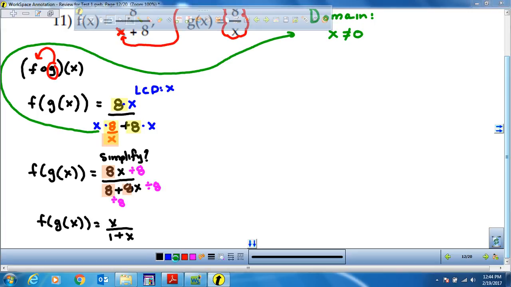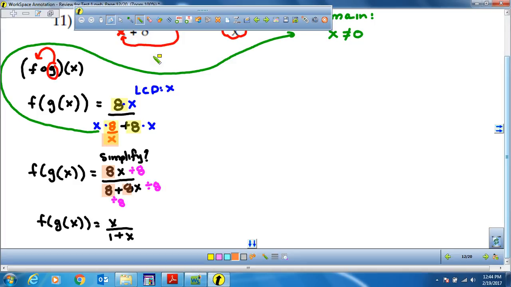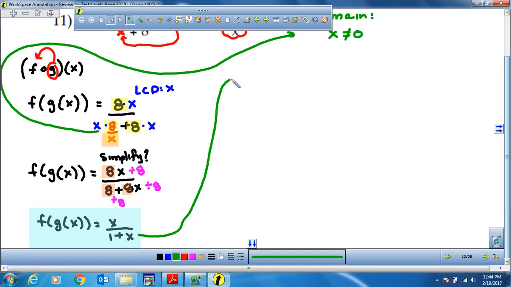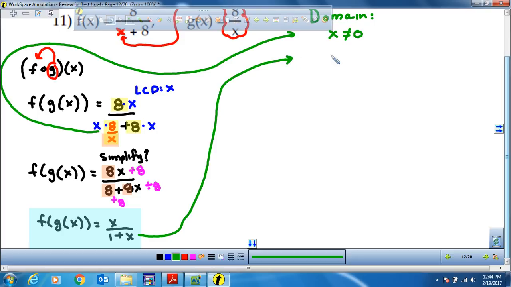But wait a minute. This is the final function, so we already finished with this. This is the function f of g of x, but for the domain, this function has x on the denominator. So that means that that function also has a restriction. We need to exclude anything that causes that denominator to be equal to 0. So 1 plus x, which is the denominator of this fraction, cannot be equal to 0. So if I solve for x, we're going to see that x cannot be equal to -1.